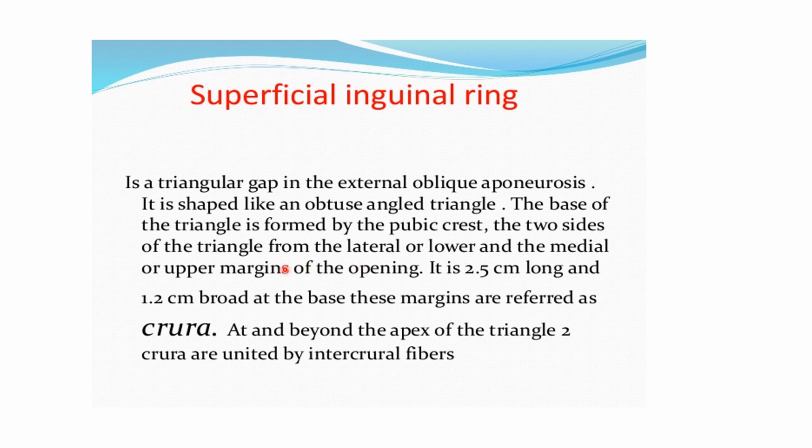The two sides of the triangle, the lateral and medial margins, are 2.5 centimeters long and 1.2 centimeters broad at the base. These margins are referred to as the crura, and beyond the apex of the triangle, the two crura are united by intercrural fibers. So the superficial inguinal ring is a triangular gap present in the external oblique aponeurosis, and this opening is present at the medial end of the inguinal canal.